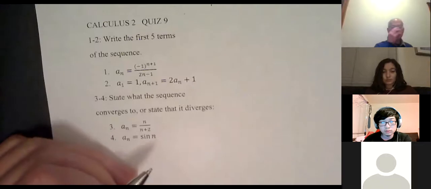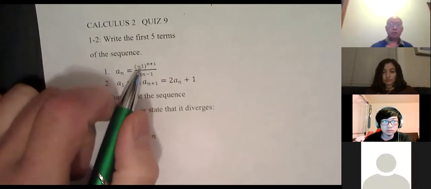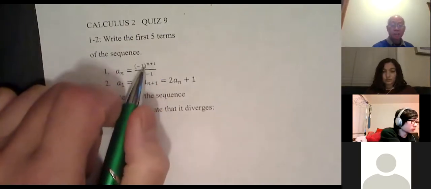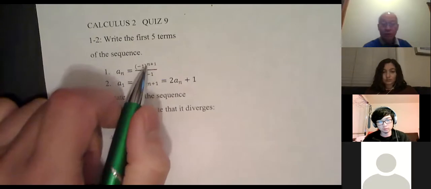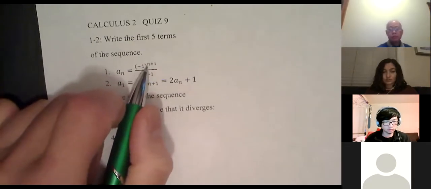Okay, so the quiz. This is a typical theme for getting a sequence or series alternating: -1 to the n, or n plus 1 or n minus 1. N plus 1 and n minus 1 are to force the first term to be positive, because if I plug in 1, then 1 plus 1 is 2, and -1 squared is 1, so that would make the first term positive.